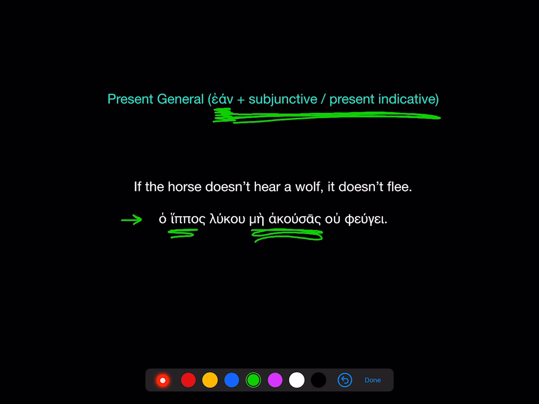We've gotten rid of the ἐάν, and we've gotten rid of the ἄν. If there's an ἐάν in the protasis or an ἄν in the protasis, which there's always one or the other normally, you get rid of them when you do it with the participle. Okay? All right. Ὁ ἵππος λύκον μὴ ἀκούων οὐ φεύγει. If the horse doesn't hear a wolf, it doesn't flee.